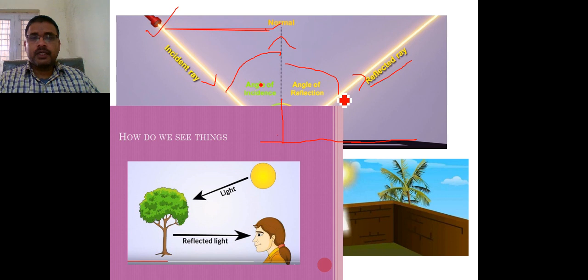The point where these three things meet, that means the incident ray, the normal and the reflected ray, is called the point of incidence. So this is about the reflection of light, and how light reflects from the surface of a plane mirror.